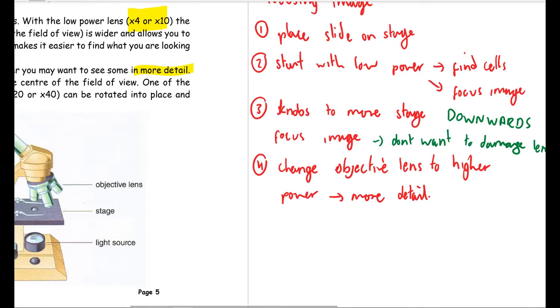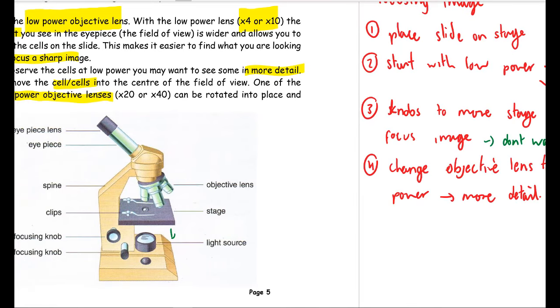Now, what I mean by that is this stage, as I said, can move up or down. So if you start with it low and move it up, as you're trying to focus it, you're going to be looking down here. So you won't actually see how close this stage gets to the lenses. So what you want to do is move the stage up here as close to the lens as possible and then focus it by moving it downwards. So that means you're in no danger of damaging the microscope.